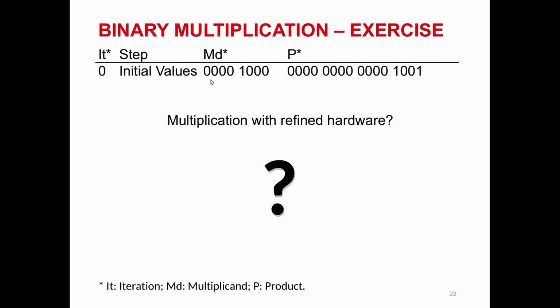We will need to find the value of multiplicand and the value of product, including the left part and the right part of product for each step in our execution.